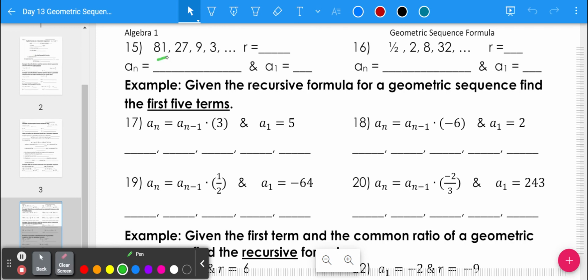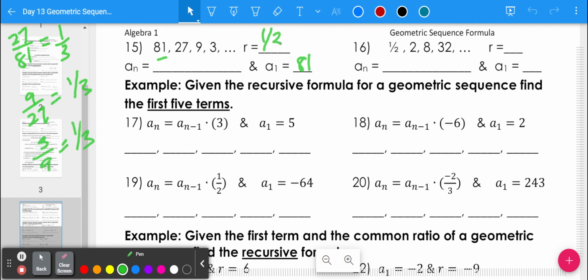My first term is still going to be 81, but remember it's A2 divided by A1, so 27 over 81, which gives me 1/3. Then I've got 9 over 27, which tells me 1/3, and 3 over 9, which equals 1/3. So my common ratio is 1/3. The part that will never change, a sub n equals a sub n minus 1, and I am multiplying in this case by 1/3.